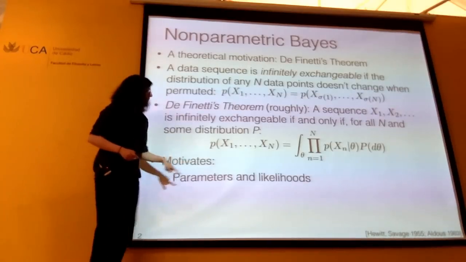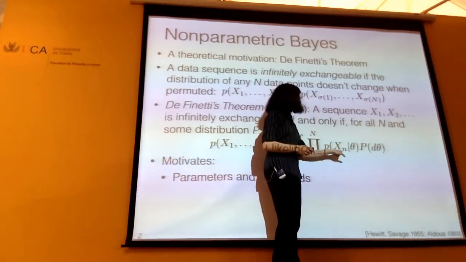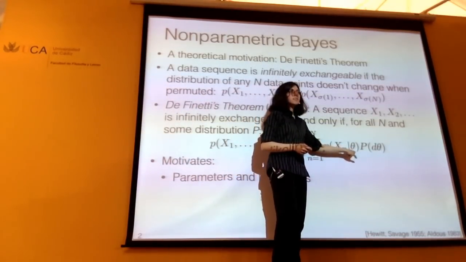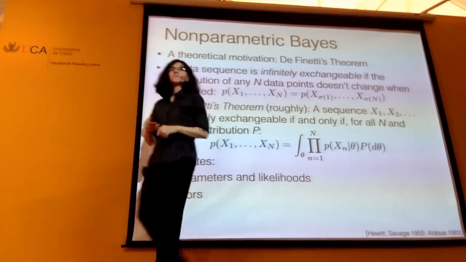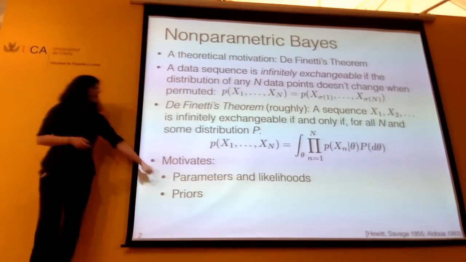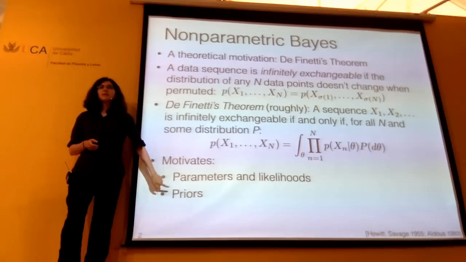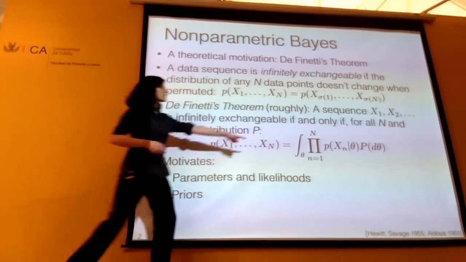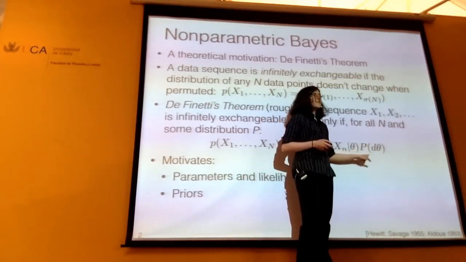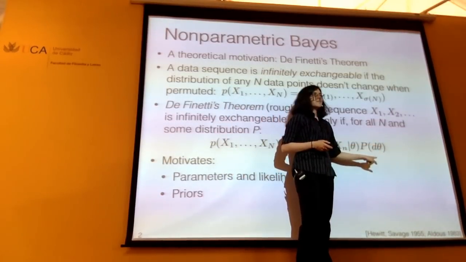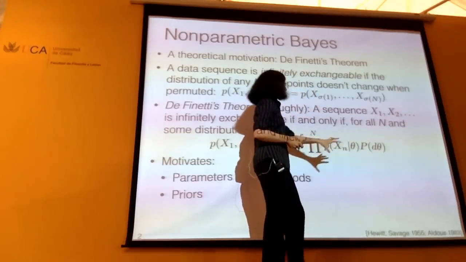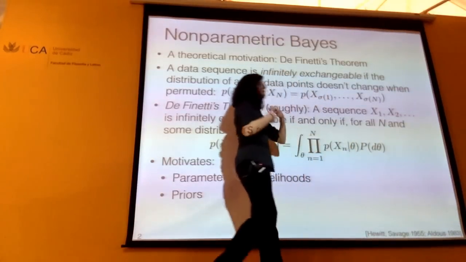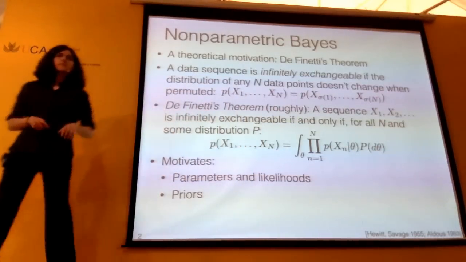Not only does it motivate parameters, it motivates likelihoods: there's some probability of any particular data point given theta. Moreover, it motivates priors and Bayesian statistics. There's a distribution over this parameter theta. That's a fundamentally Bayesian idea: we have this distribution, we have our likelihood, now we can calculate a posterior.